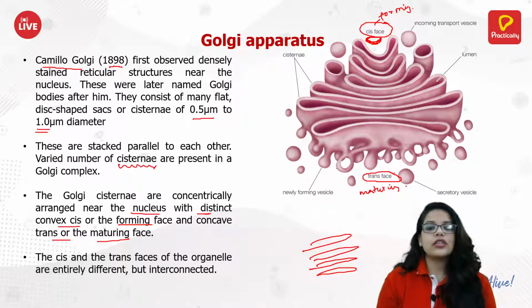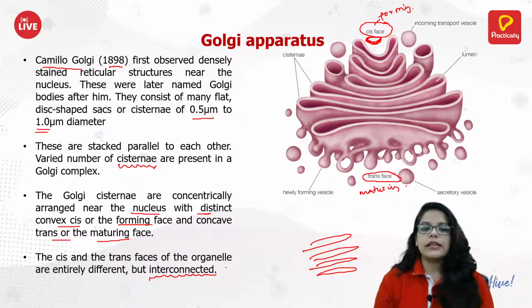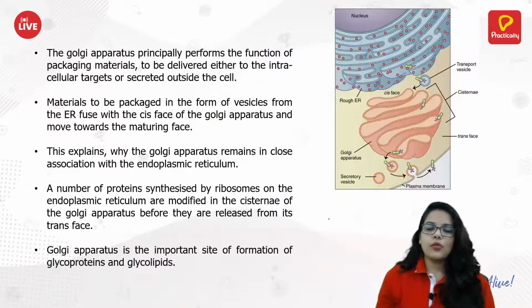Now, these are actually not connected with each other. Okay, they are entirely different, and their work is also different, but they are interconnected with each other. So the Golgi apparatus principally functions as packing material, to be delivered either to intracellular targets or excreted outside.